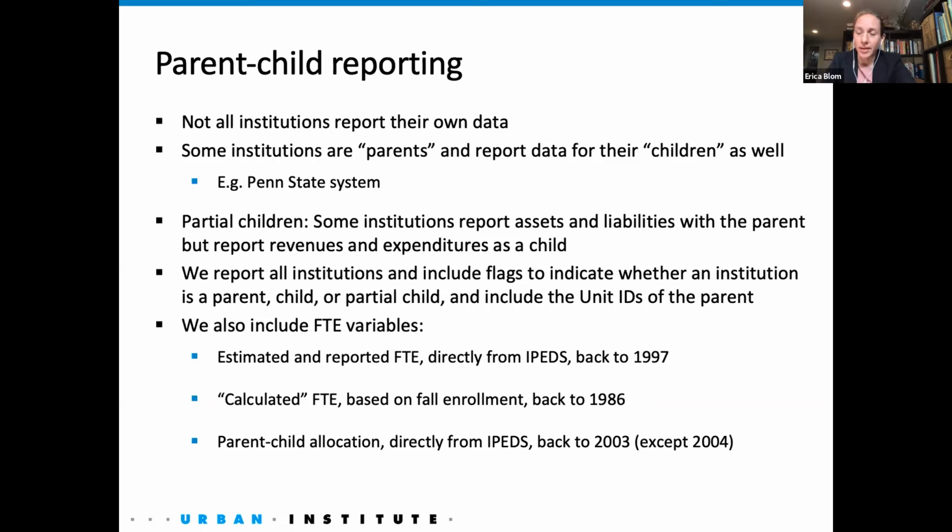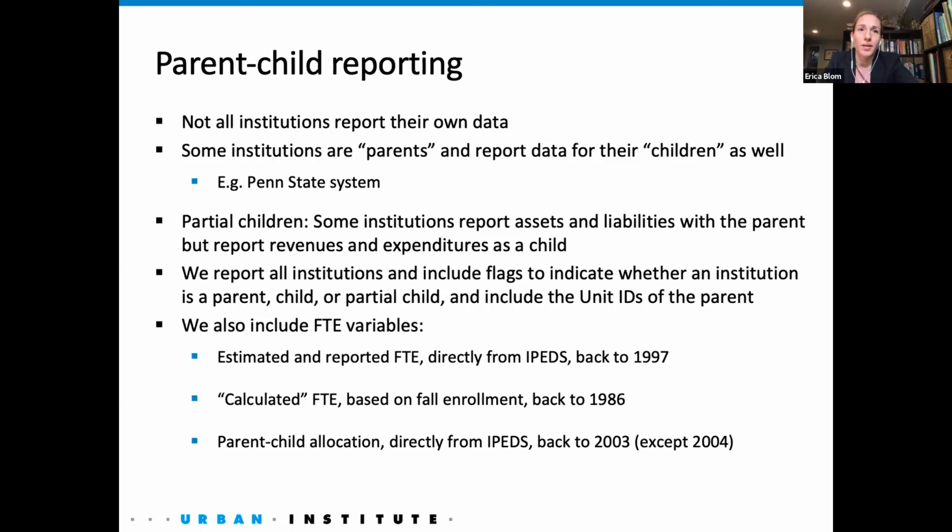It basically takes full-time students and then various fractions of the part-time students to calculate this FTE. So this again is pretty squishy, but we've provided it in case you want to have a look at a longer time series.